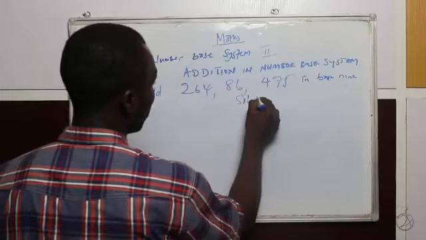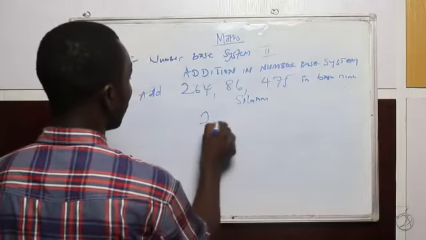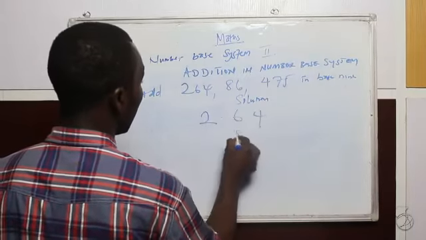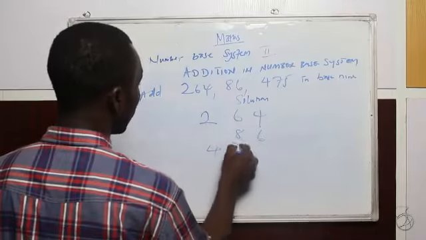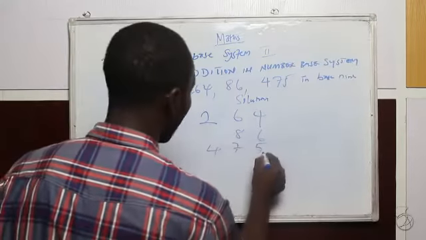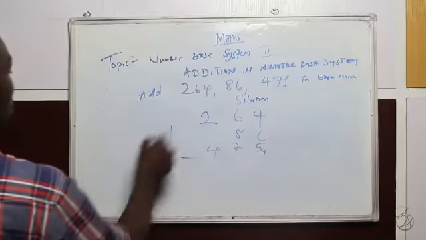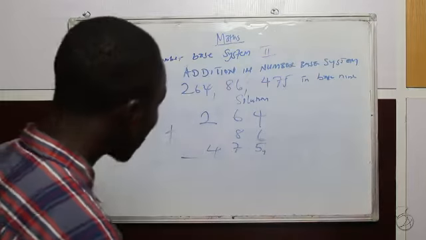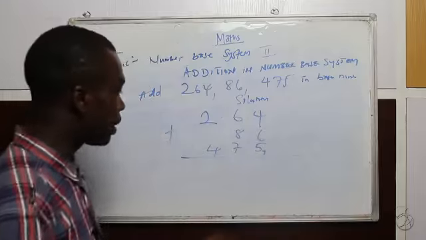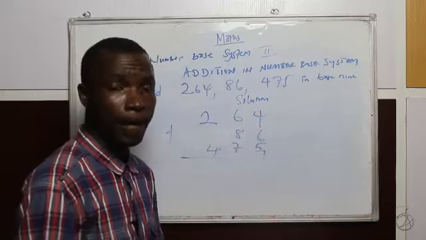Solution. The solution to this question is that we write 264, 86, 475. They are already in base 9. How do we solve this question? The first thing we need to know is that these are calibrated in base 9.